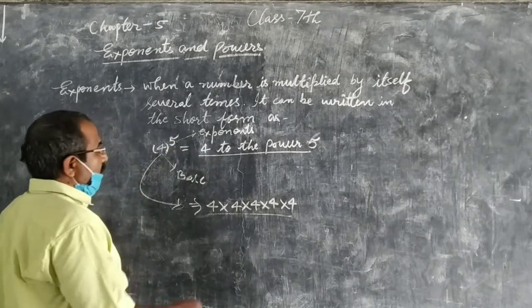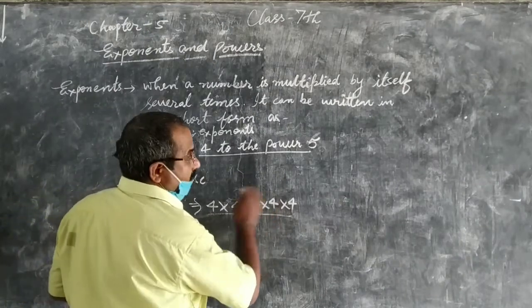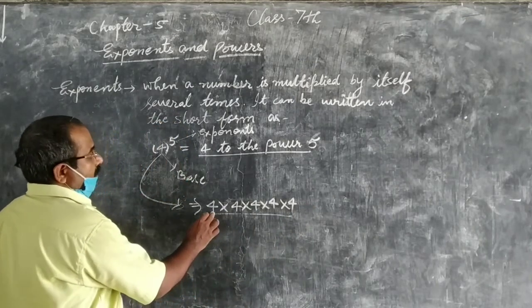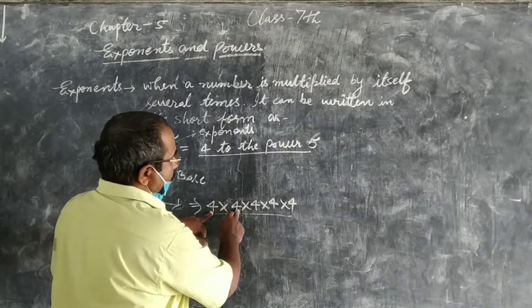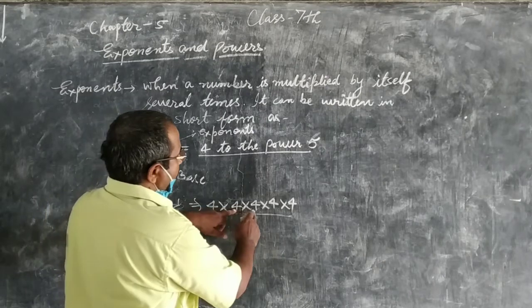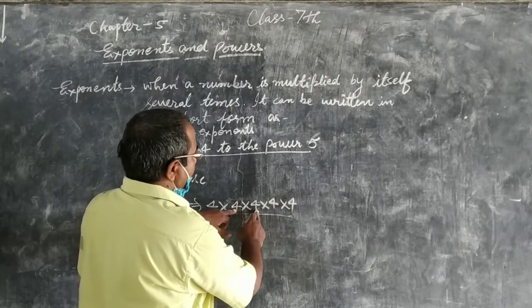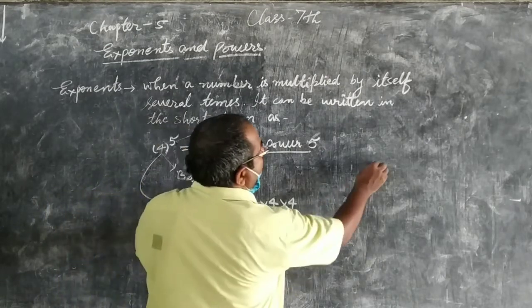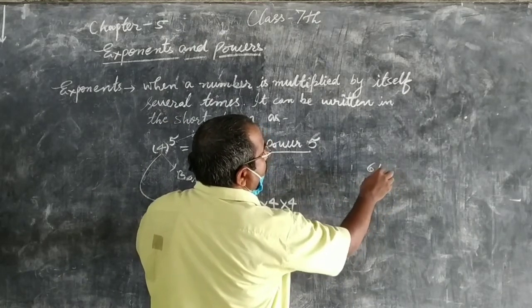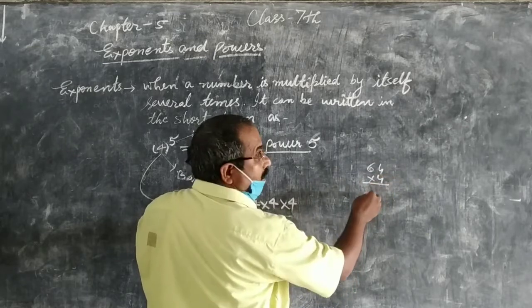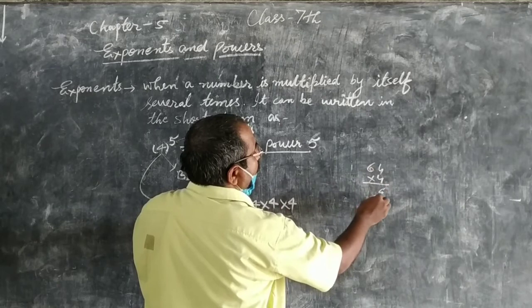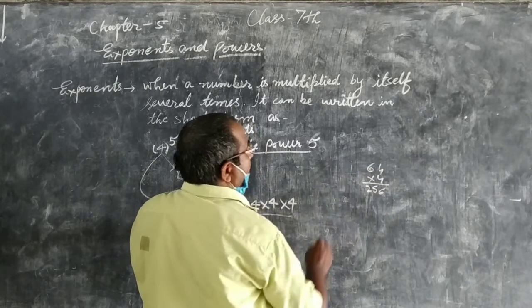Suppose that you have to find out the value of this number. What will be the value? You will multiply the first number by the second number. 4 fours are 16, and 16 fours are 64. 64 times 4, you will multiply, because you don't know the table of 64. So you will multiply by 4. 4 fours are 16, 4 sixes are 24 and 1 makes 25.